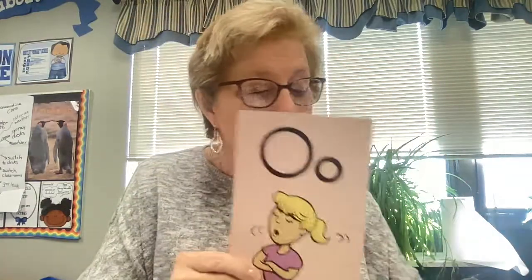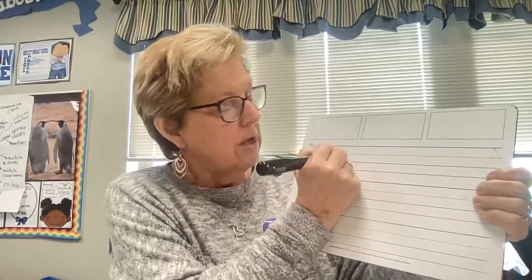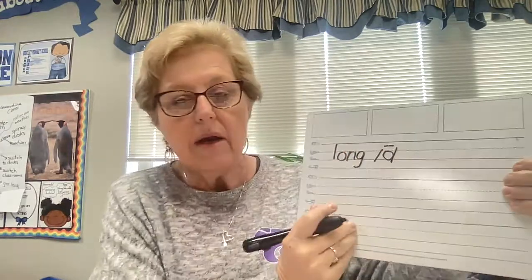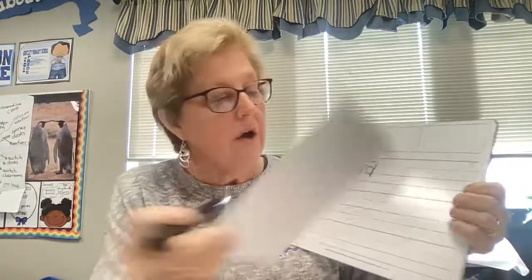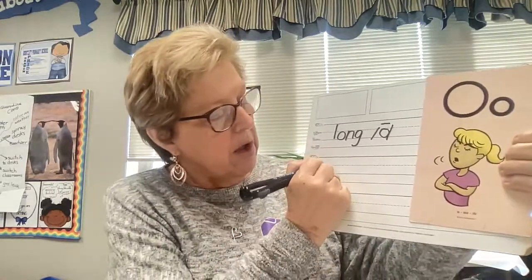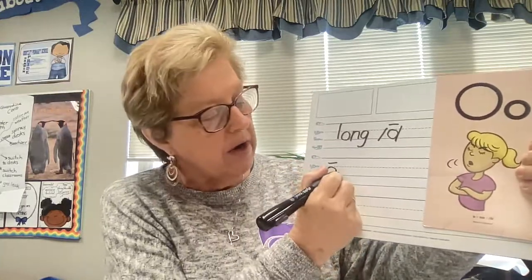So let's go, and I want us to start with our slide. Your first slide on your iPad you should have ready by now. And let's write long O. Okay, write long O. And we'll start it off with O, no. So you would write long O, just like that, with the macron over it.